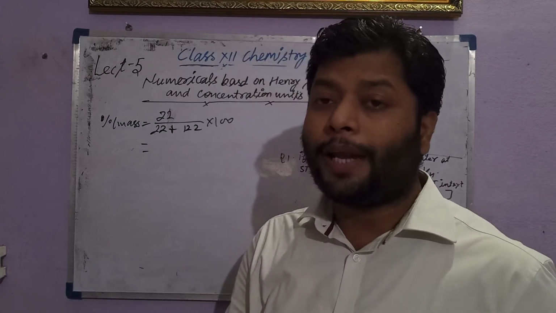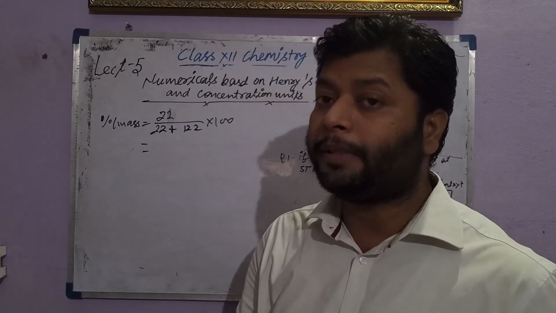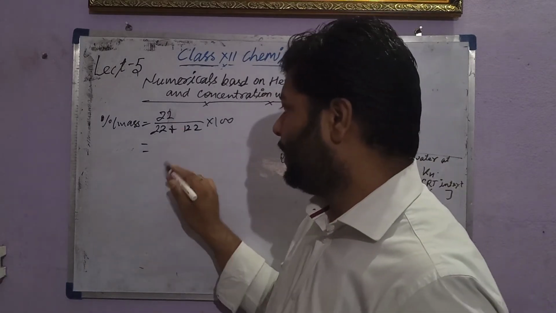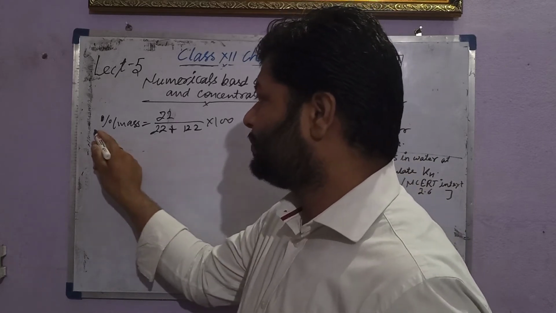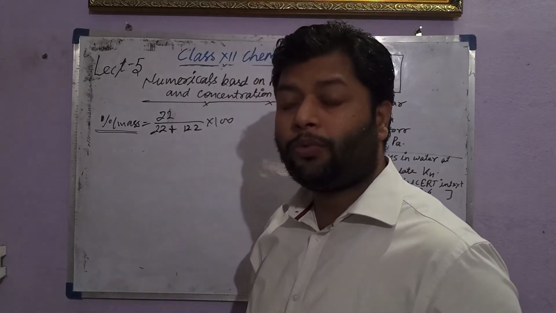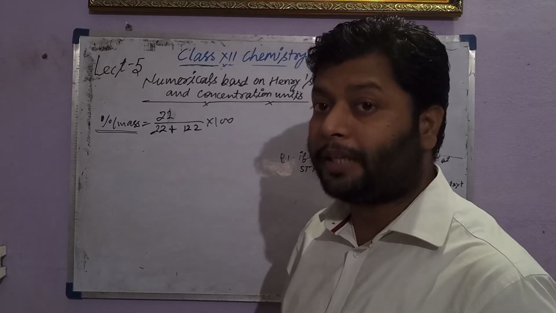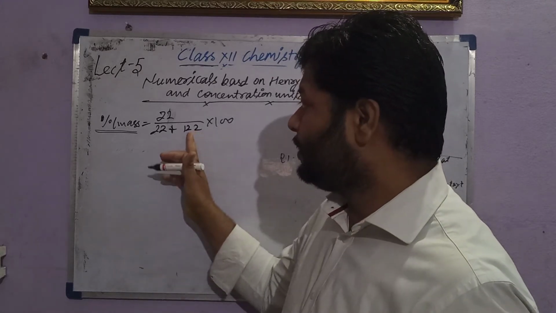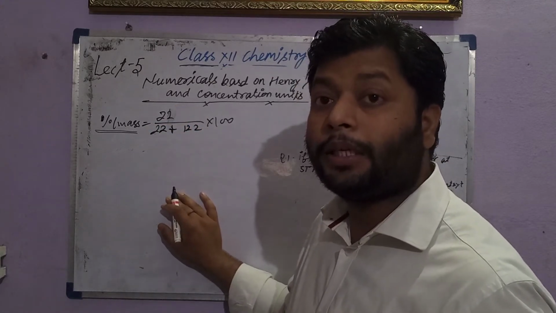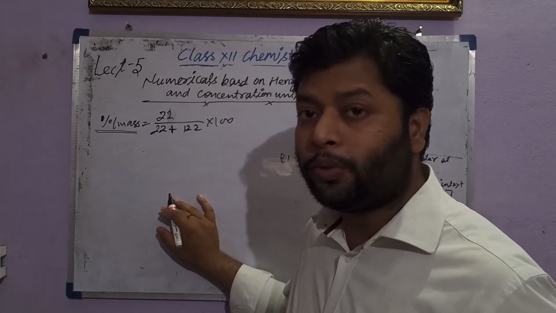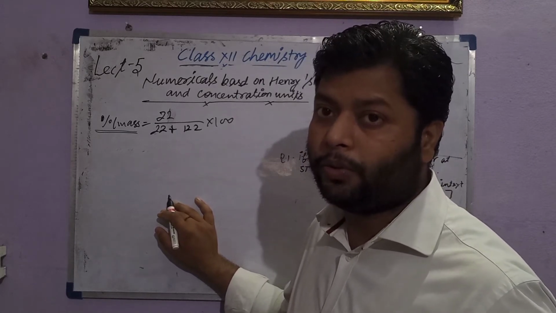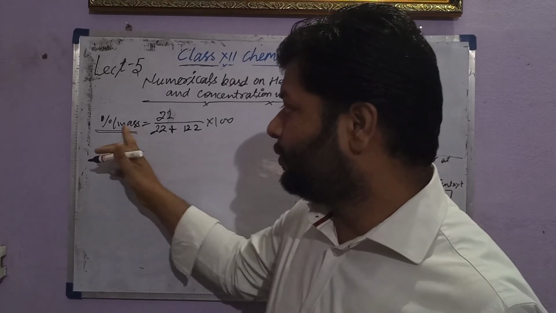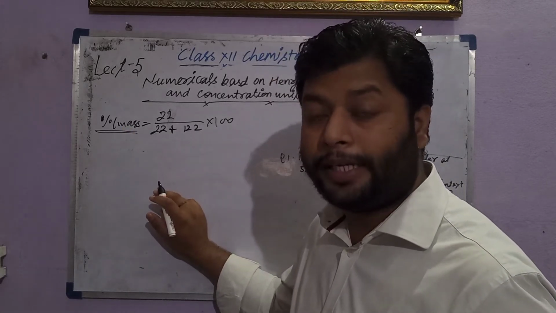If you want to calculate the mass percentage of carbon tetrachloride, use the same formula, then 122 will be the numerator: 122 out of 22 plus 122, into 100. That will give you the mass percentage of carbon tetrachloride.